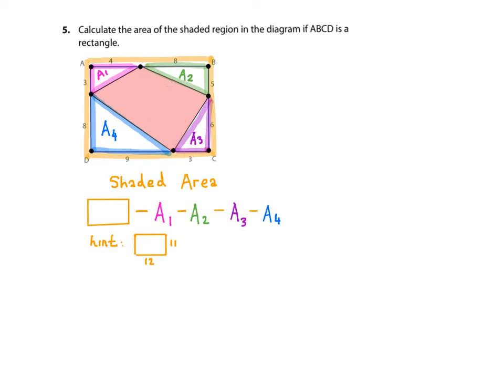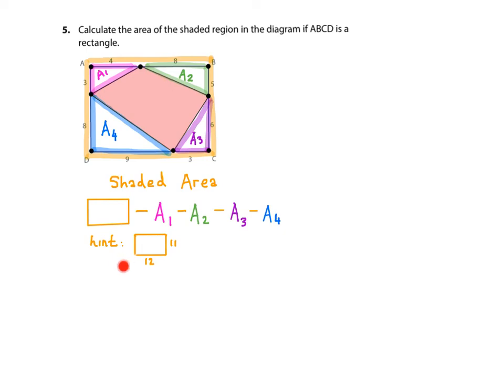So that's what we want to do with our calculations. If you first find out the area of the whole piece of paper, which is the orange shape over here, and then from that you subtract the area of the pink triangle, and then you subtract the area of the green triangle and the area of the purple triangle and the blue one, you will end up with this shaded shape in the middle.